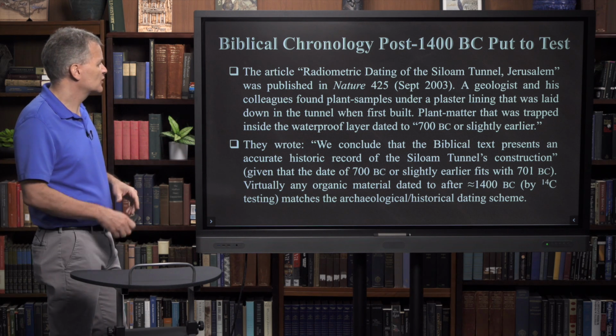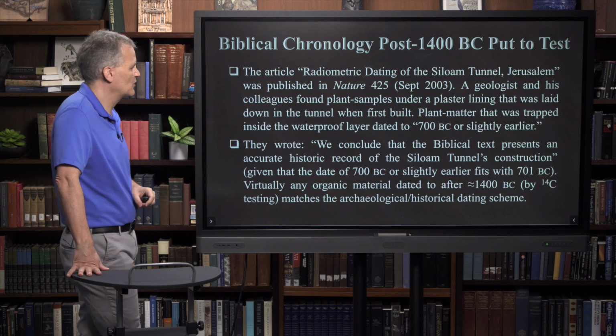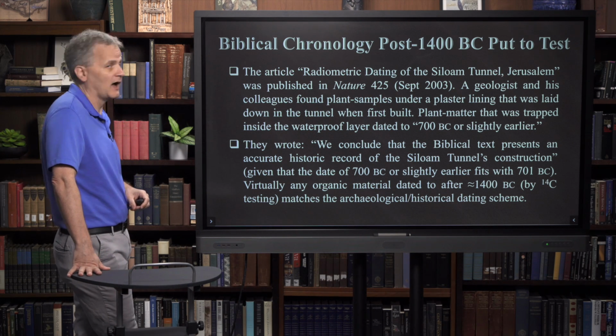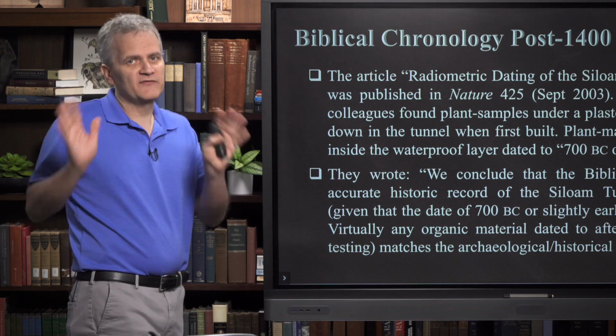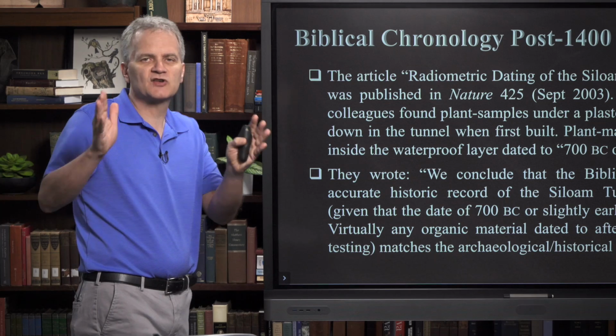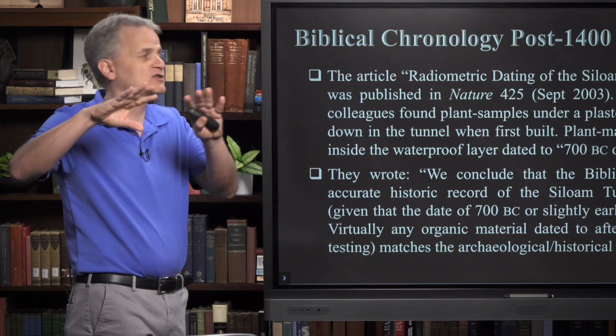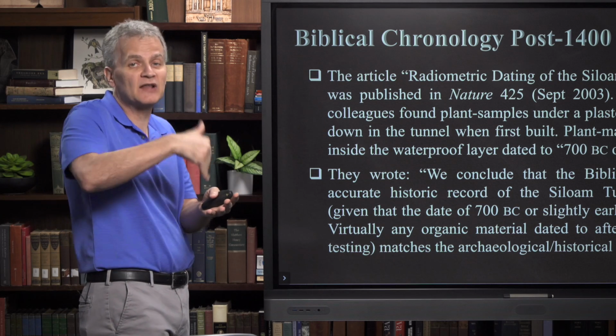They wrote, "We conclude that the biblical text presents an accurate historic record of the Siloam Tunnel's construction." Aha! So they're convinced that the radiocarbon evidence matches up with the biblical evidence. 701 BC according to the Bible, and it's around 700 BC or slightly earlier.